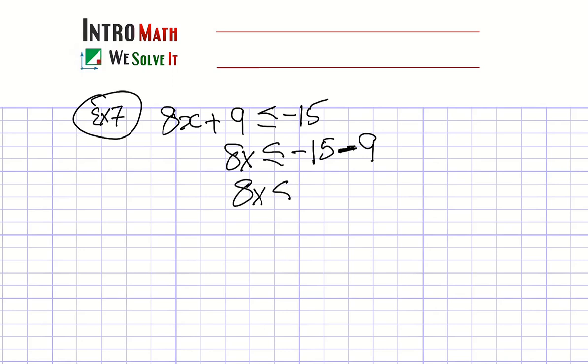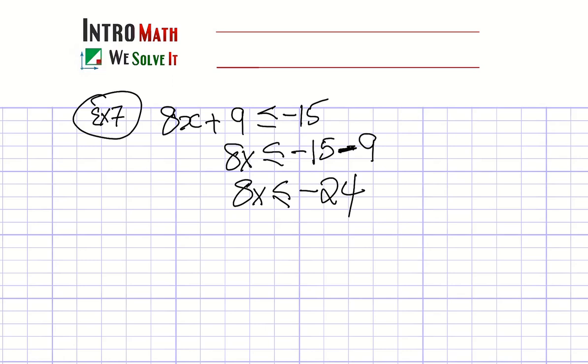8x less than or equal to, you add that up, what do you get? You get minus 24. Okay. All right. So you keep moving on. Okay.